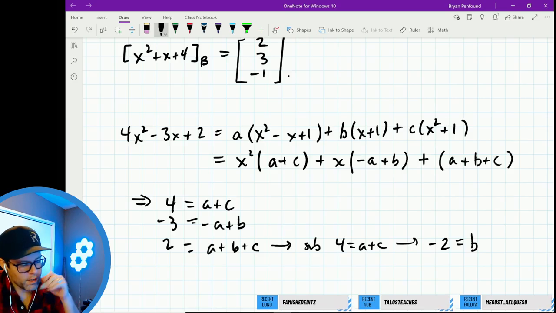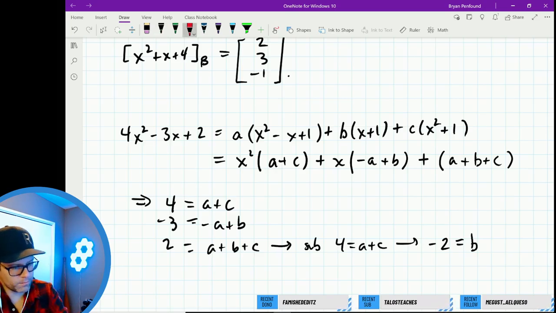I see. So you can very quickly go through the elimination procedure here to figure out what b should be equal to. So this suggests that b should be -2.